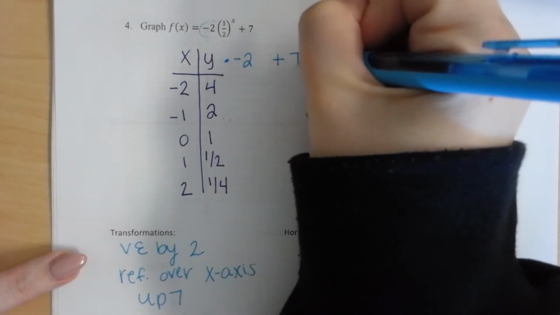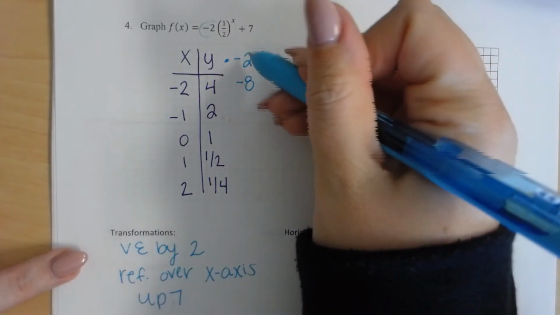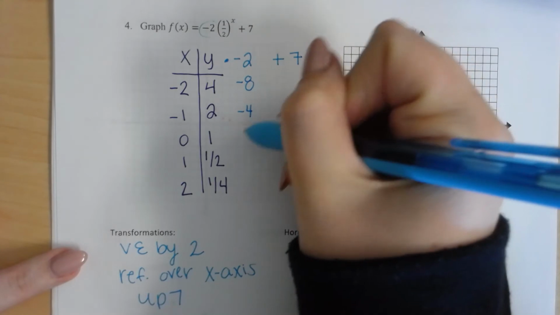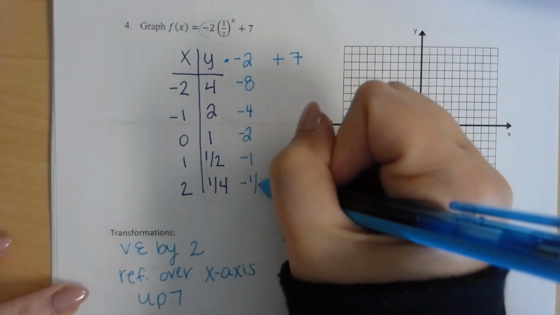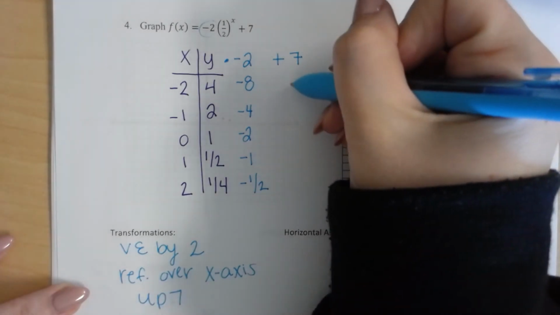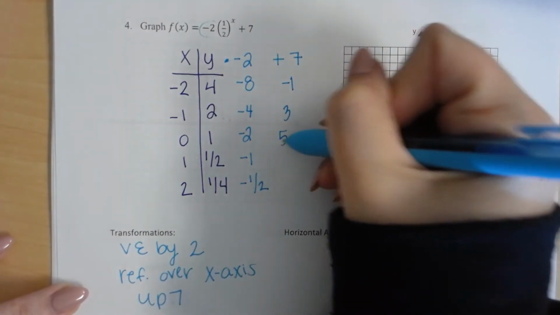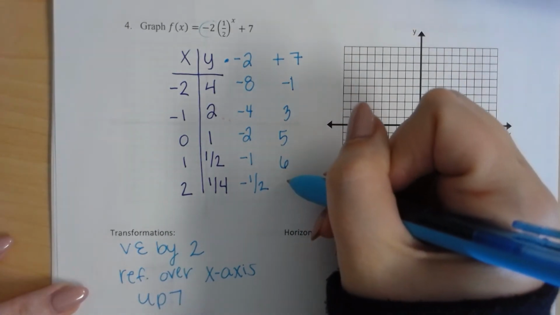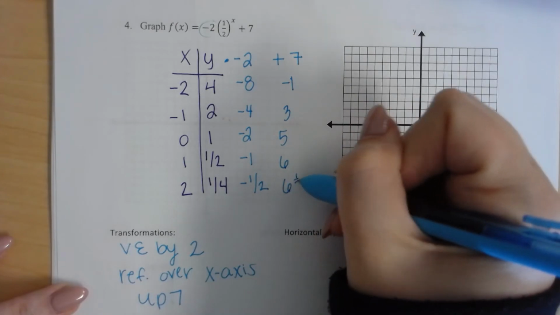So we're also going to have to add 7. So we'll go ahead and multiply by -2, and then add 7. That would be 6.5.